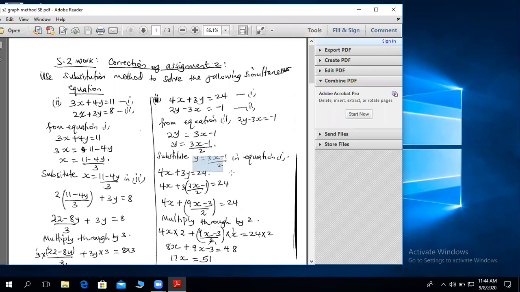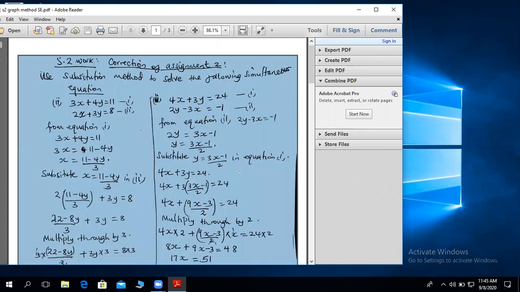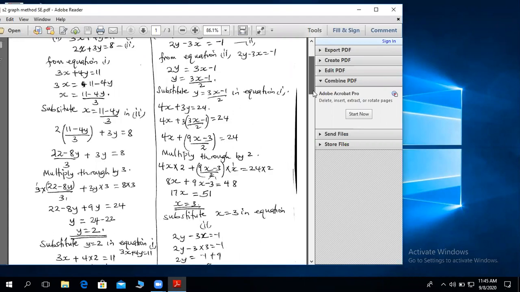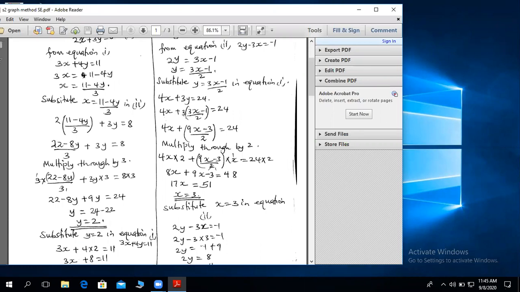Then, since I used equation 2 to get y, I now substitute it in equation 1. And what is equation 1? It is 4x plus 3y equals 24. So where there is y, I put the value of y, which is (3x minus 1) out of 2, and I solve using the knowledge of fractions.